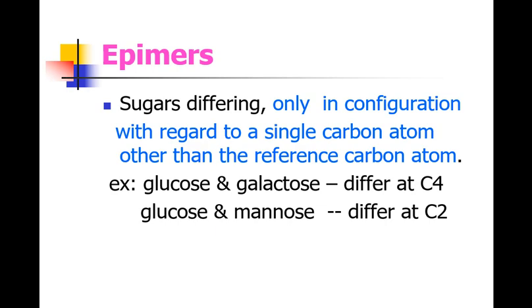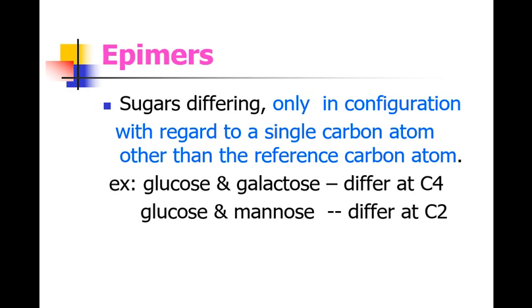Another type of isomerism, that is epimerism. In epimerism, the sugars differ only in configuration with regard to a single carbon atom other than the reference carbon atom. Reference carbon atom means carbonyl carbon atom. So you know the carbonyl carbon, in case of aldoses, is the first carbon, in case of ketoses it is the second carbon.